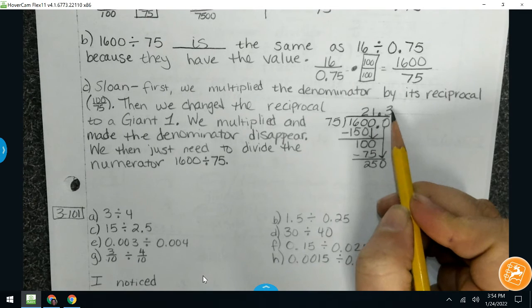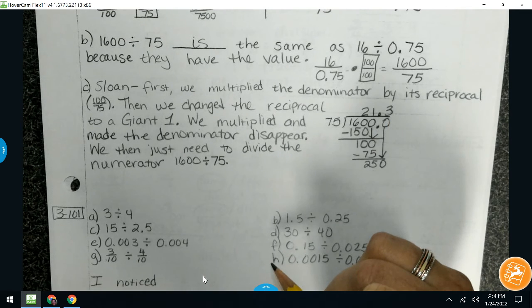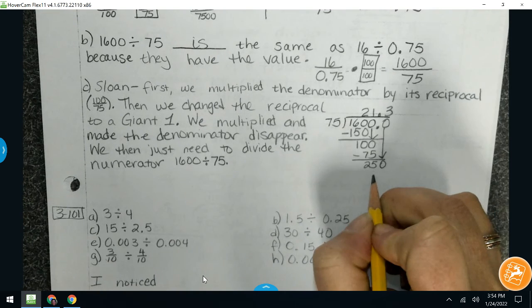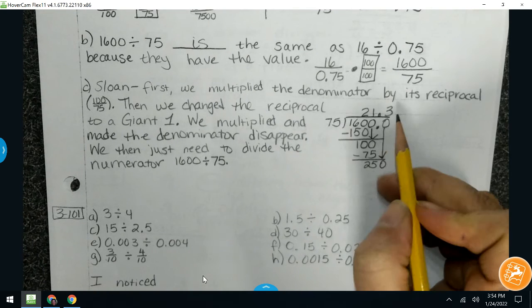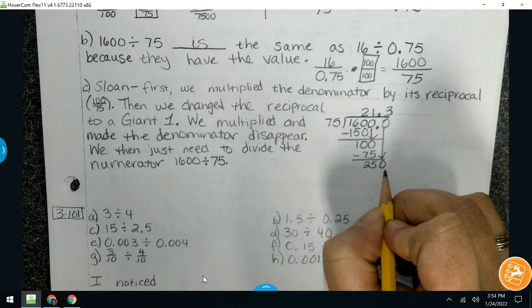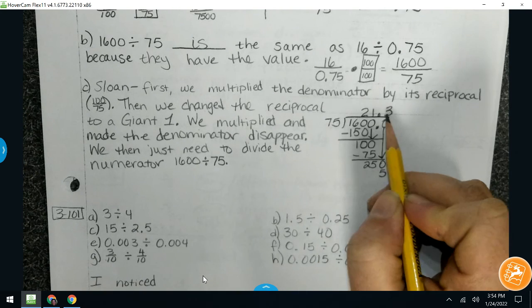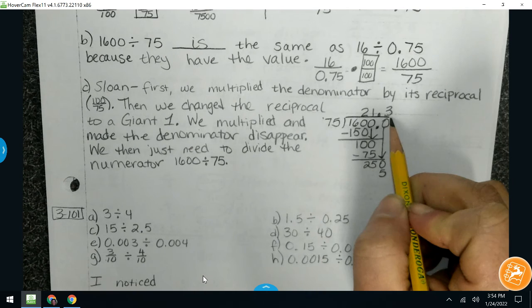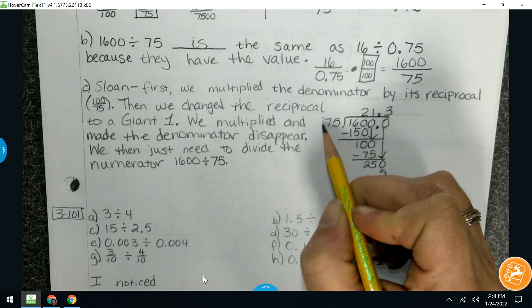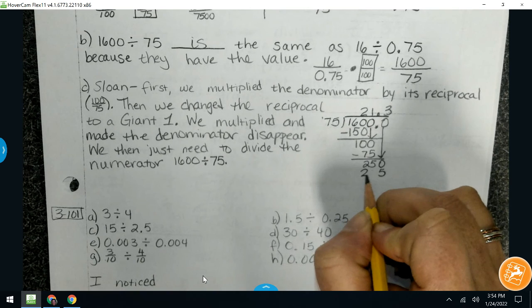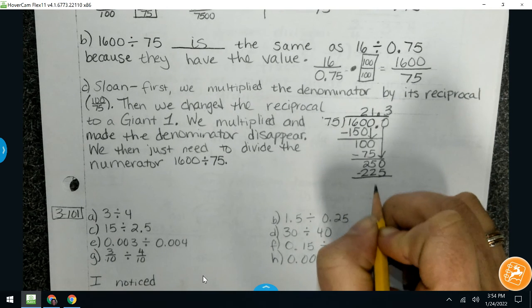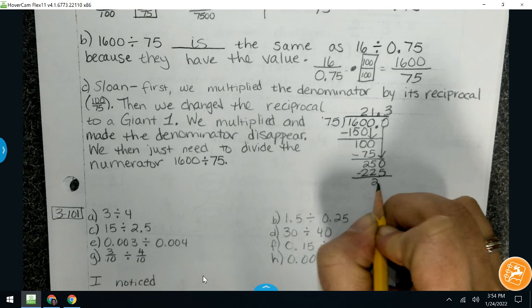If I don't know what 3 groups of 3/4 is, which would be 9 quarters, with this I could also multiply: 3 times 5 is 15, and I carried my 1 over there real tiny. 3 times 7 is 21, 22. 250 minus 225 is 25.